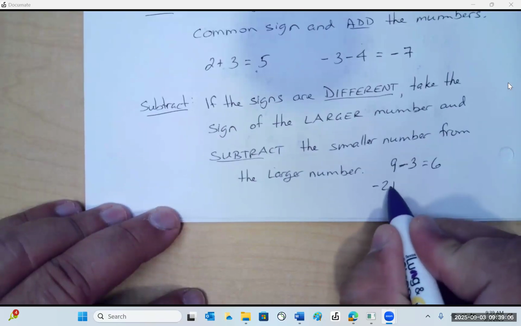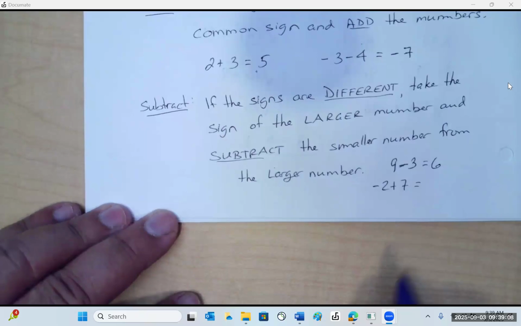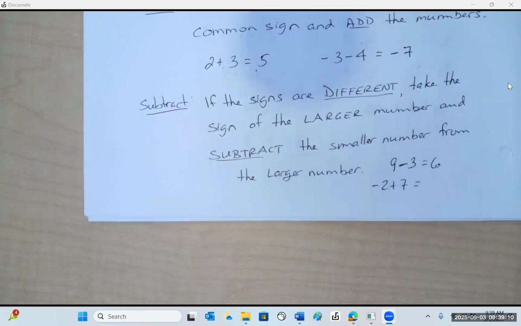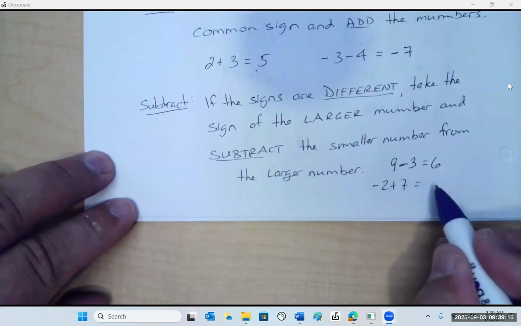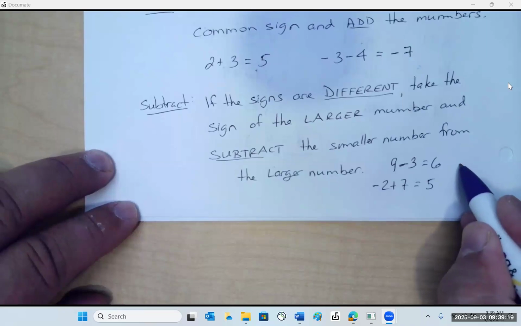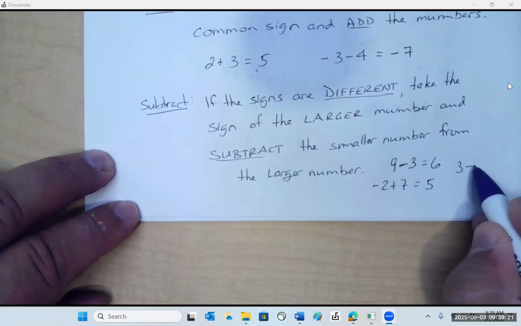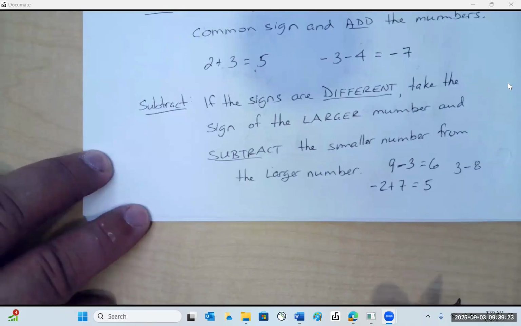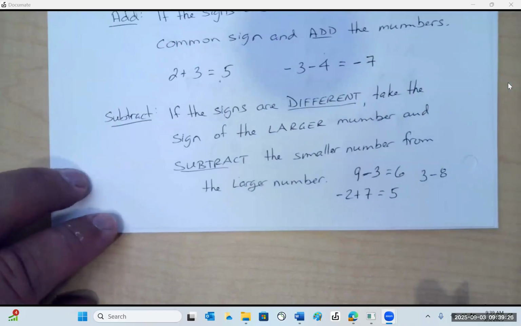Negative 2 plus 7. Is the answer going to be positive or negative? So it's going to be positive. 7 minus 2 is 5. 3 minus 8. Is the answer going to be positive or negative?